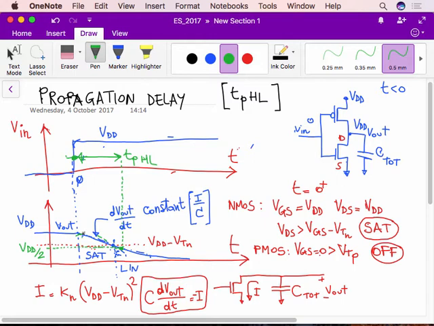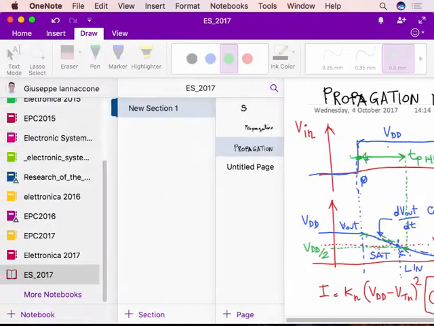So we don't make a big error if we approximate everything with a line. And it is pretty simple, because basically what we have to do is just to know the slope of the output voltage. We know the variation of the output voltage that we need, and therefore we can compute the time that we need. So the calculation is pretty simple.